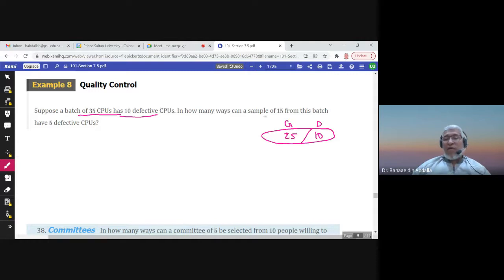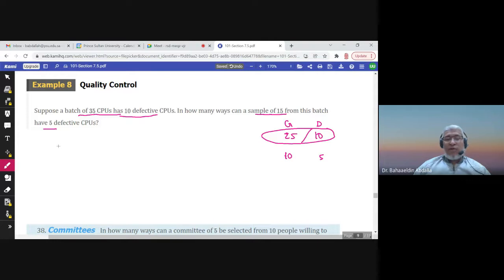In how many ways can a sample of 15, we are going to select 15 now out of 35, from this batch have 5 defective CPUs? So we are going to select 15 and we need to select 5 of the defectives and then 10 of the non-defectives. So in how many ways?